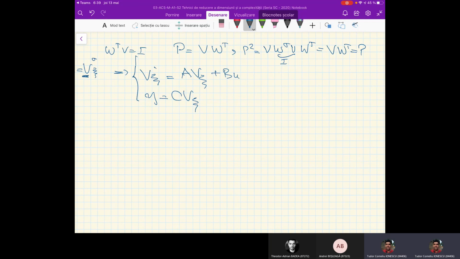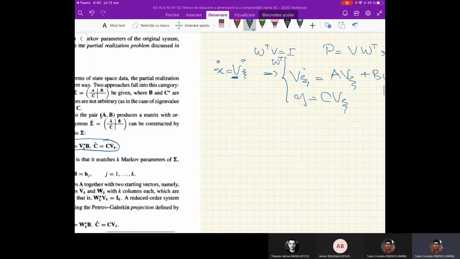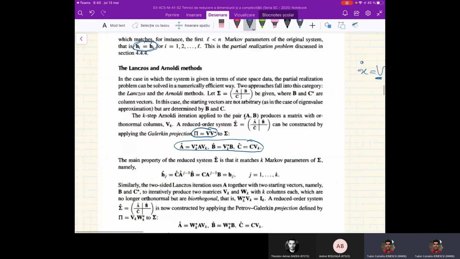But now you want to have psi dot, so you multiply this by W transpose, and then you get that the reduced order model has psi dot equals W transpose A V psi plus W transpose B U. That's why you get these matrices here. Here W equals V because this is an Arnoldi process.